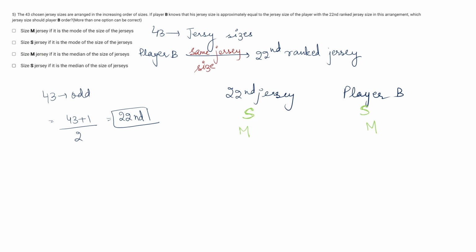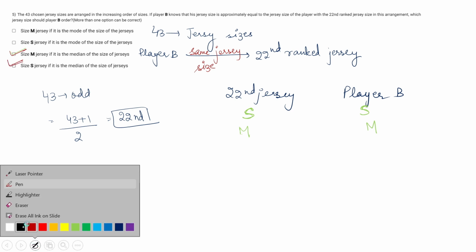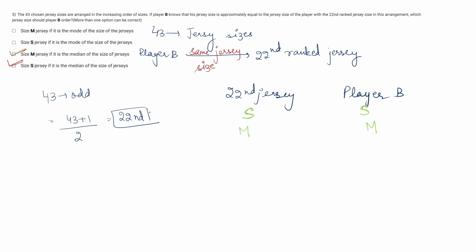So if size M jersey is the median of the sizes of the jerseys, it is correct. Similarly, if we see for the small size, it remains the same. So the correct answers will be option C and D.